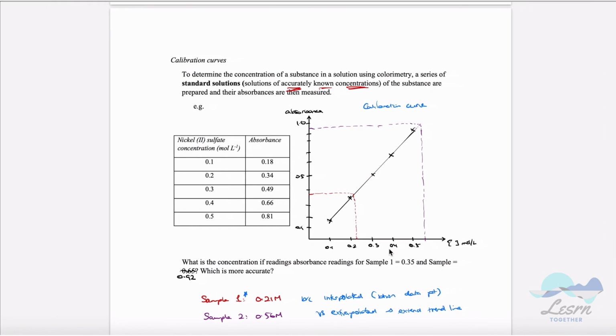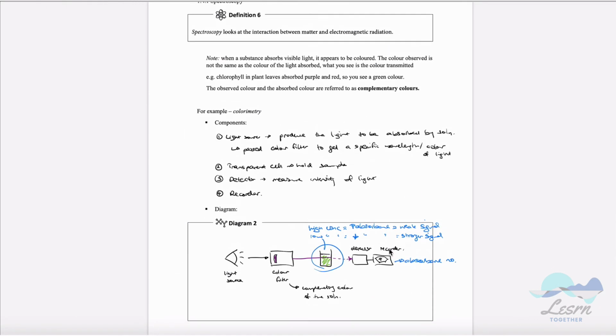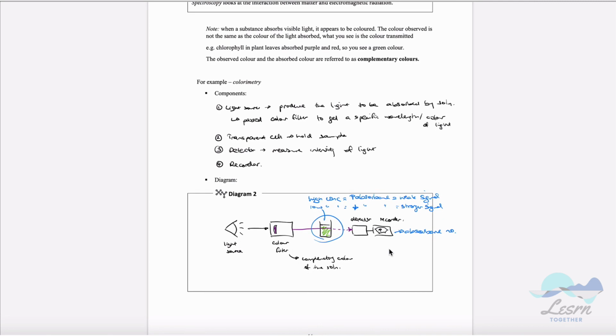And that's quite important, especially in exams. So to recap the main concepts of the colorimeter, because it's quite important, as the next spectroscopy method that we'll look at builds on top of this. We essentially take a light source, pass it through a color filter so we only have a specific wavelength or a single color of light. We shine that through a sample, and then we detect how much light has been absorbed, okay? And obviously we want it to be the complementary color because that is the wavelength that the sample absorbs the most.